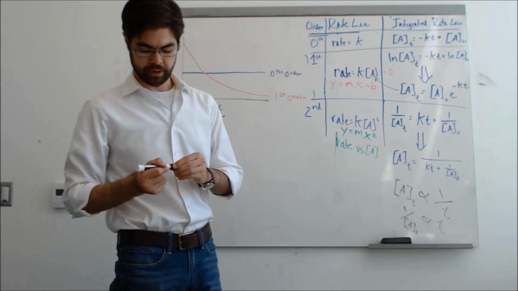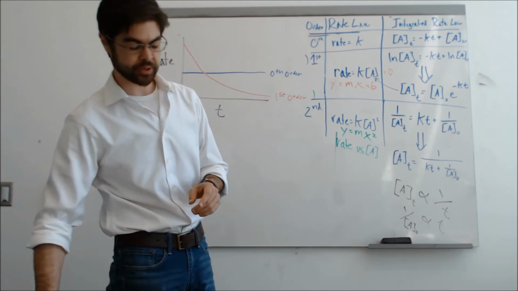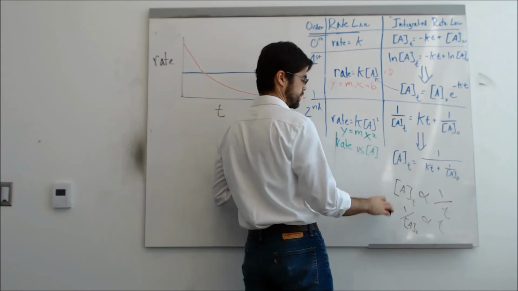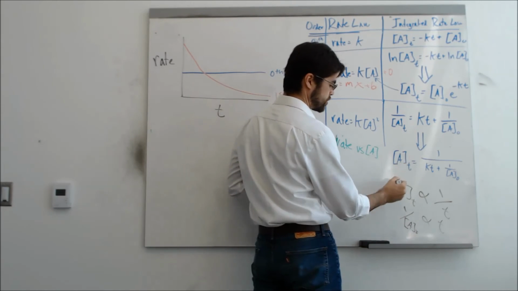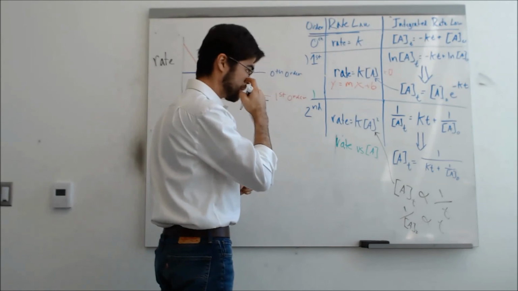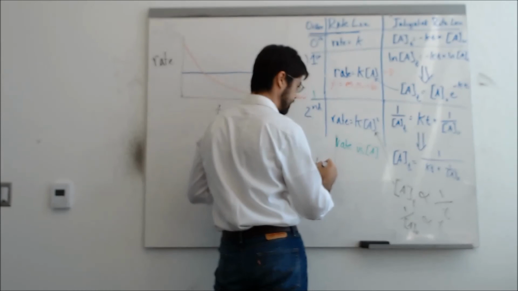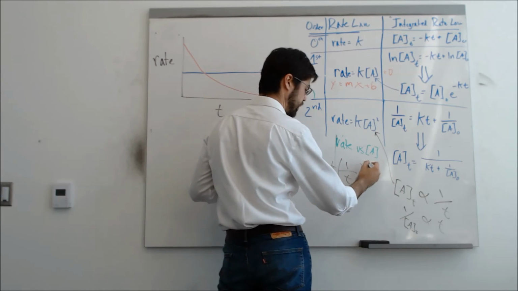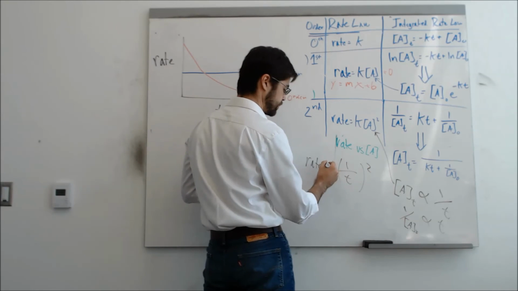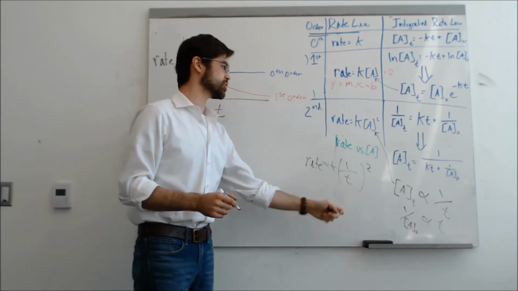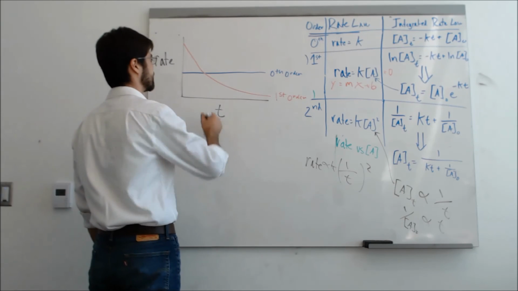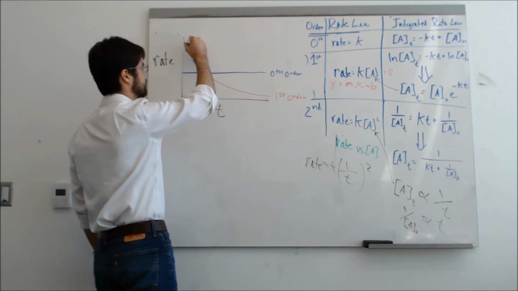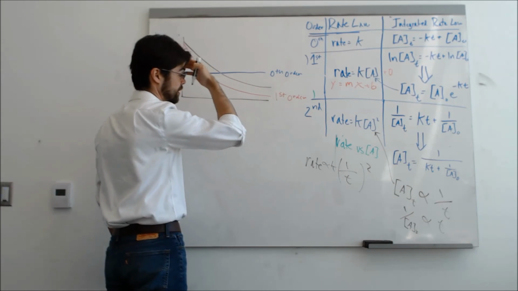These two relationships are equivalent to each other. So I can substitute that expression up here, and then what that predicts is that rate should depend on k times 1 over the square of time. So it should be proportional to that. So it should have an inverse relationship, but a fairly sharp inverse relationship, which is not going to be quite as sharp as an exponential decay. So that one should look basically like that.